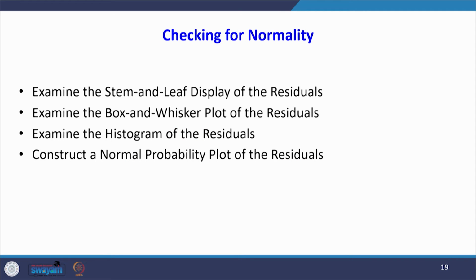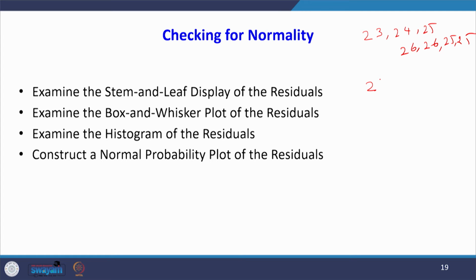Then checking the normality, we can check the normality of the error with the help of a stem and leaf display of the residuals. What is the stem and leaf? Suppose you have errors 23, 24, 25, 26, again 26, again 25, again 25, for example. The stem is the first digit, 2.